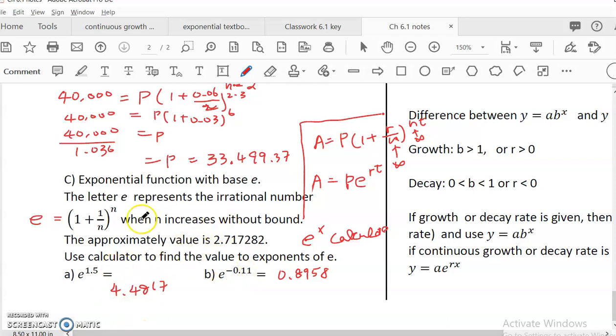And it turns out that we can use E as a base when you are doing continuous compounding, or continuous growth. So the lesson learned here is continuous growth corresponds to using E as the base. And in the past, your R is inside with 1 plus to get B. Now your R is called the continuous growth rate.